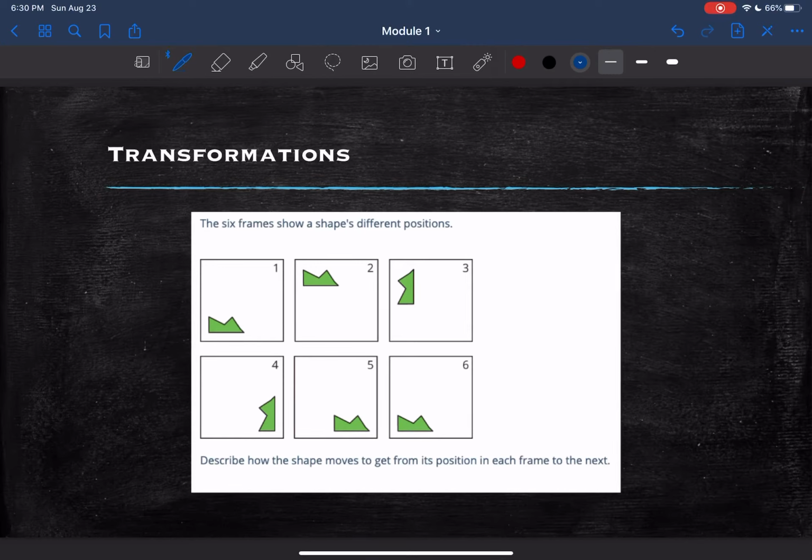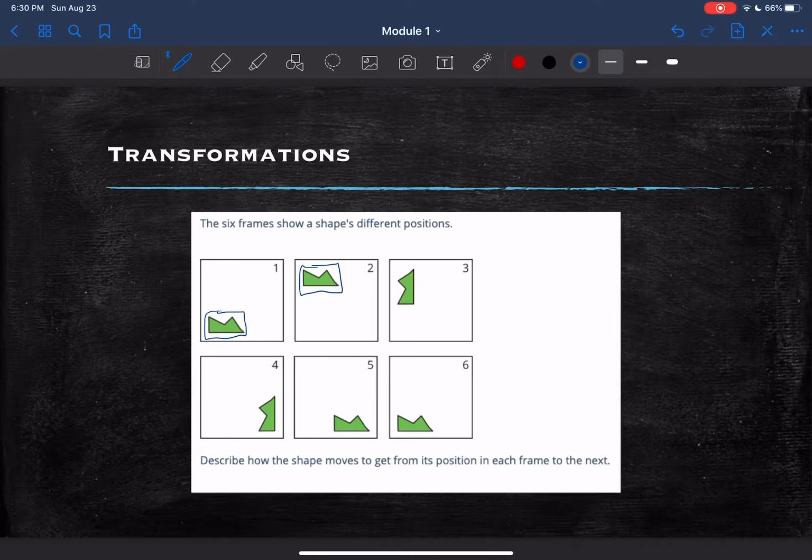So we're going to talk about how this shape goes through each of the slides. So if we start off here in 1, it's in the bottom left, and in 2, it's in the top left.